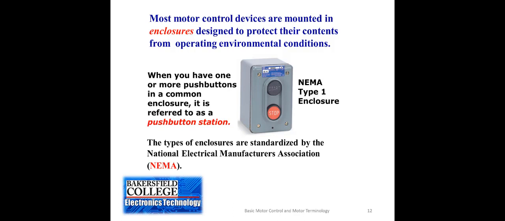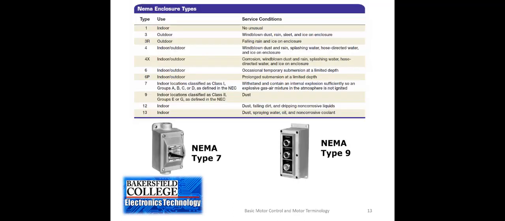And the types of enclosures are standardized by the National Electrical Manufacturers Association, or NEMA. Now, this shows you where the different types of enclosures are used and the conditions in which they are required.